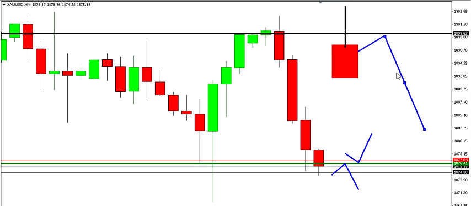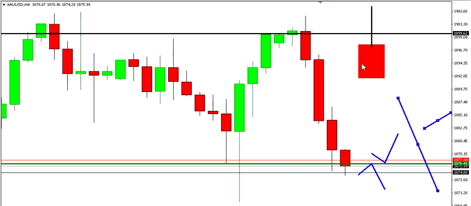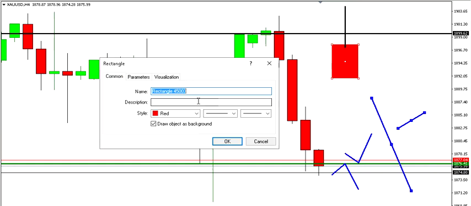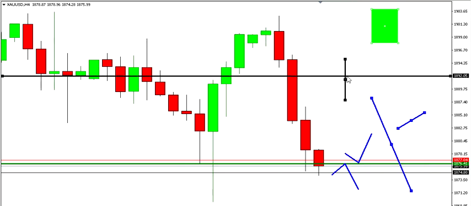And on the other hand, if it is a bullish pin bar, let me change the color to green or lime. Now we are looking at the reverse of the scenario we have just painted.